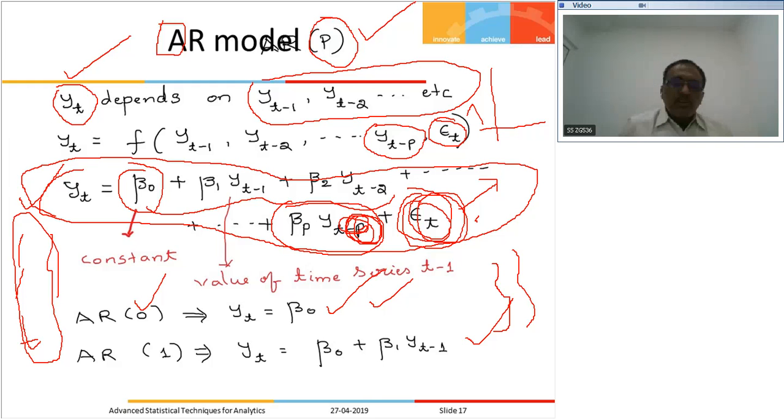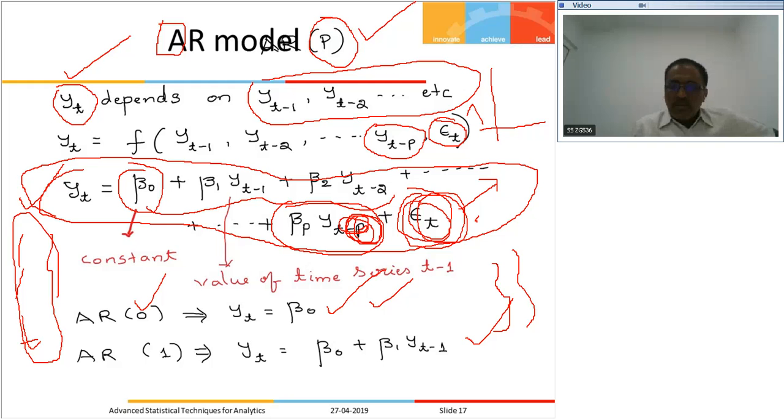So it is not linear actually. Don't think that this is linear. If you say y t minus 1, that may be another confusion. Even though I wrote it as y t minus 1, y t minus 2, these are not variables in the sense we discussed earlier, right?